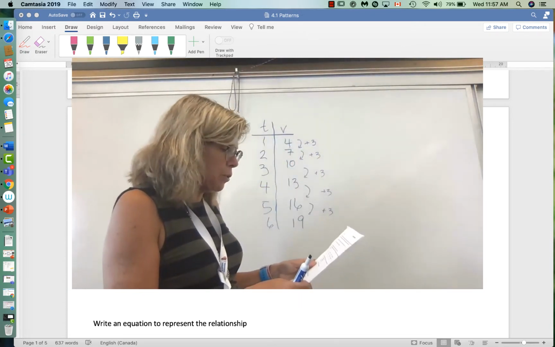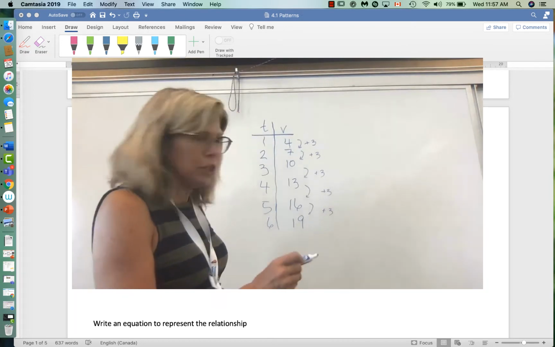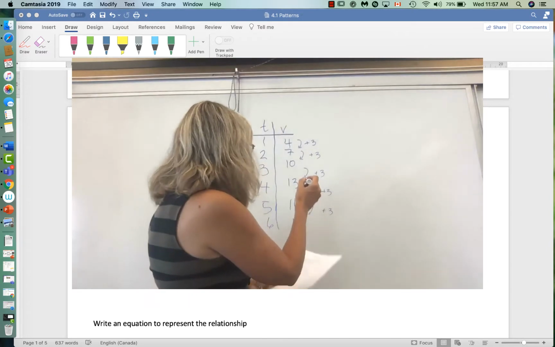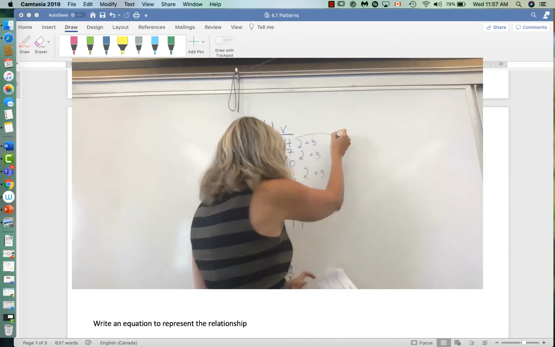So I just wanted to show you where the equation comes from. I think I'll use black.